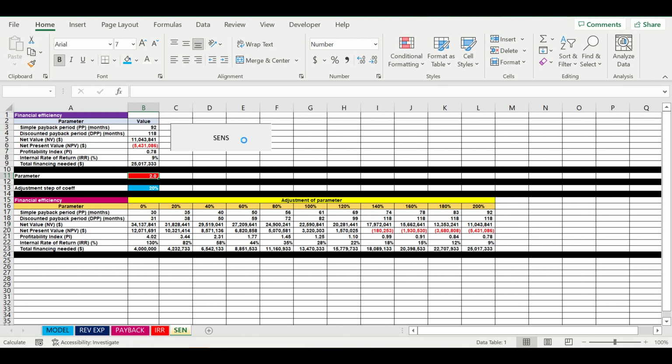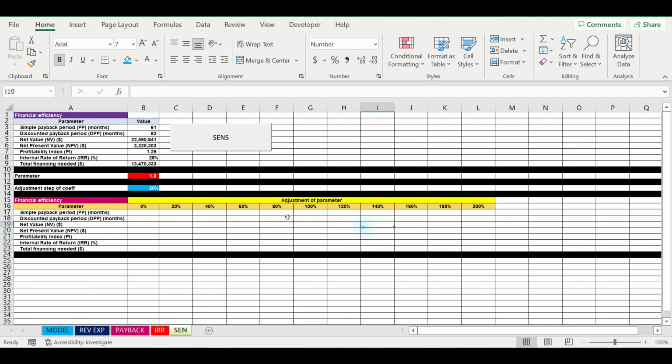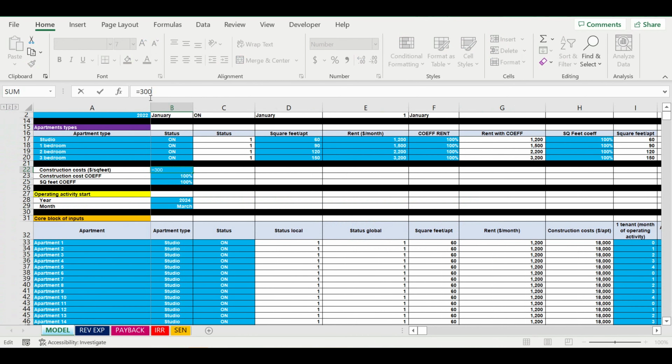Here we can see that if the cost of construction increases by 40%, we will have a negative net present value and our business idea will go negative. So we can delete these values, go back, and delete this from construction costs.